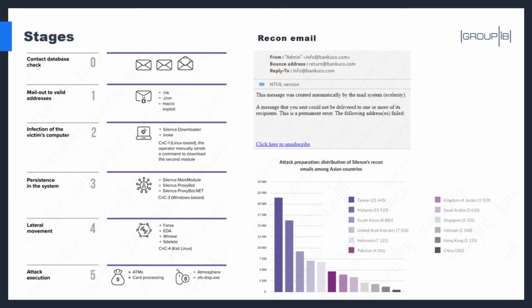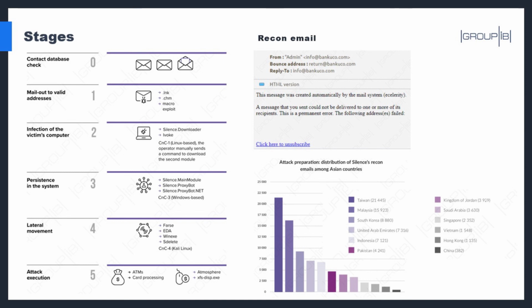Typically, this first stage downloader is Silence downloader or TrueBot, but this year we detected the use of a new tool named IVOC. To control Silence downloader or IVOC, hackers use a Linux-based machine from which the operator manually sends a command to download the second module.